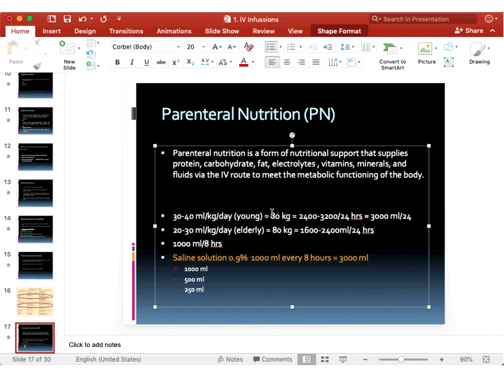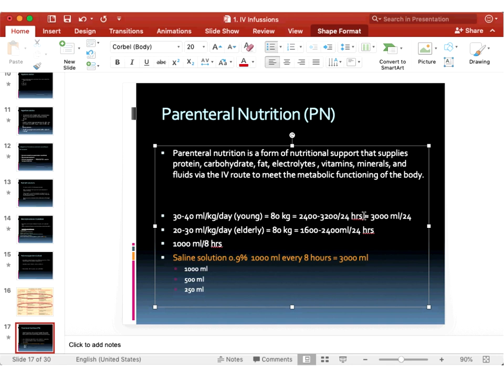That means if we have an individual that weighs 80 kilograms, and we calculate at a rate of 40, in 24 hours this individual is going to be receiving a normal amount of volume between 2,400 and 3,200.